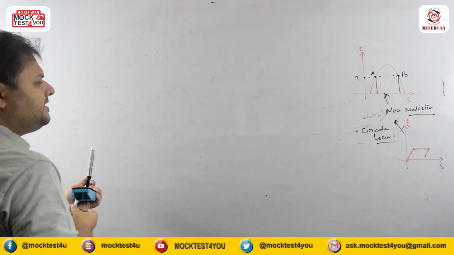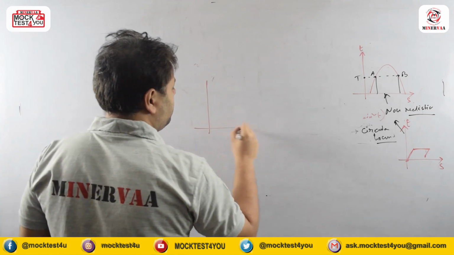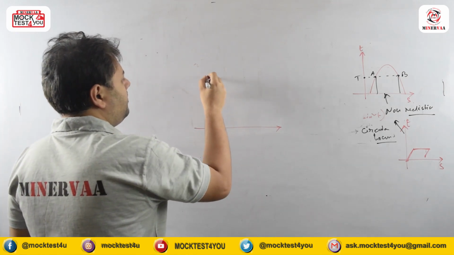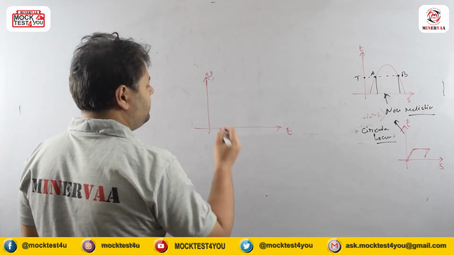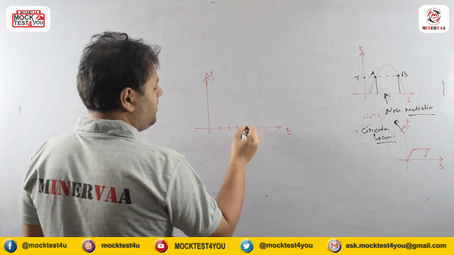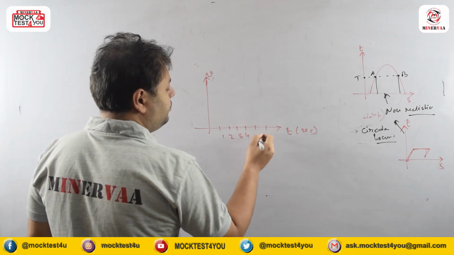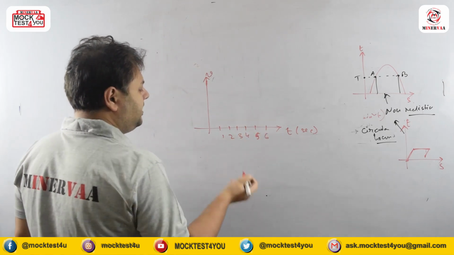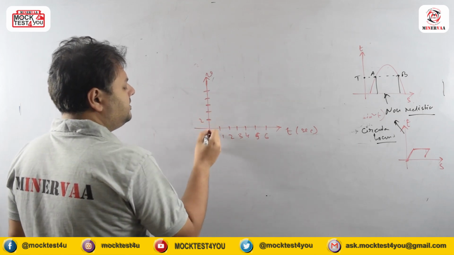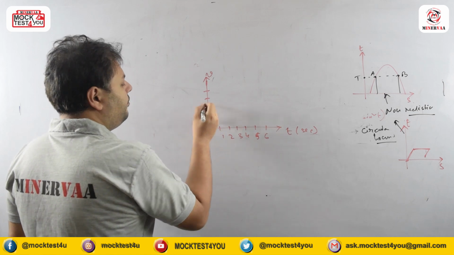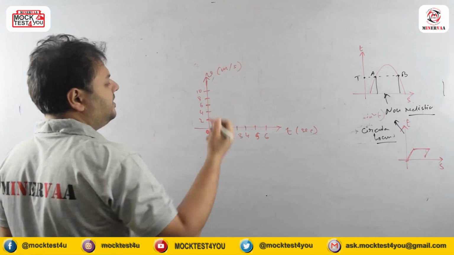they can ask you a simple type of problem which is also very much important for us. Suppose it's a velocity time graph, and the time is given in seconds. So 1 to 6 seconds I am plotting, and here we are having 0 to 2, 4, 6, 8, 10, and velocity is represented in meter per second.